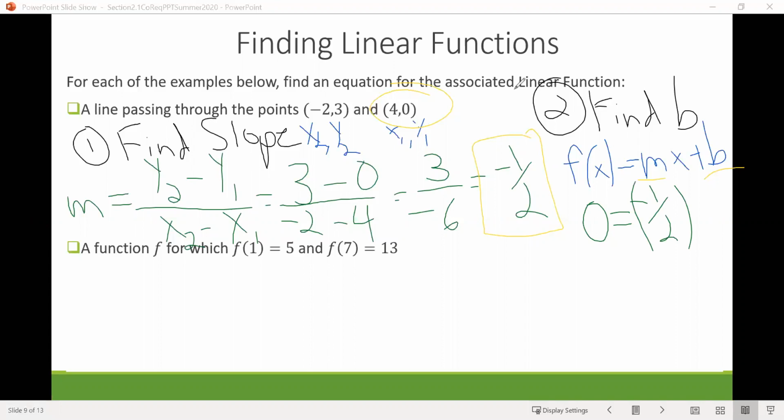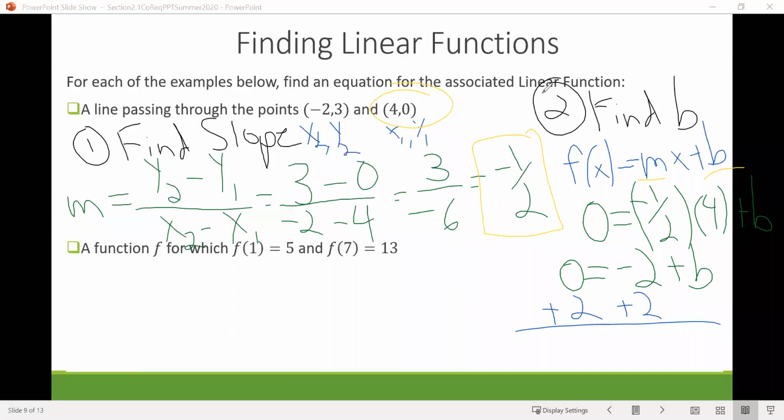The value for x, again from our point, is 4. And then we have plus b because we're trying to find the value for b. So this gives us 0 equals -1/2 times 4, which is -2, plus b. Then we can add 2 to both sides and find that the value for b is 2.